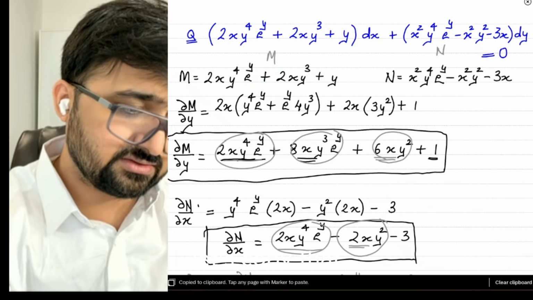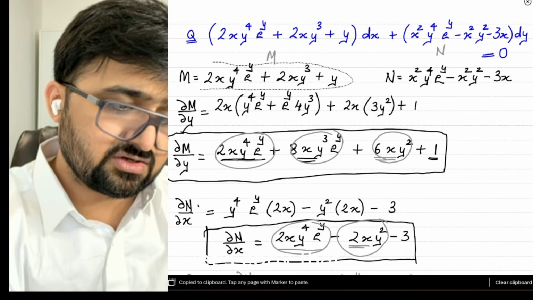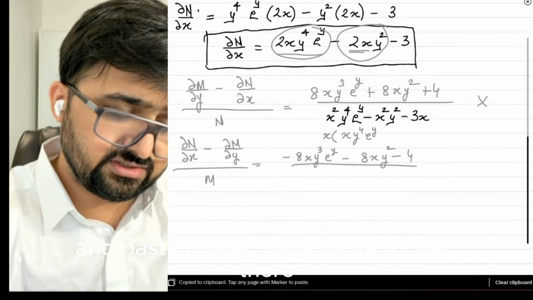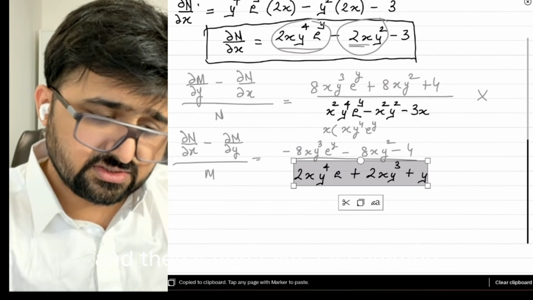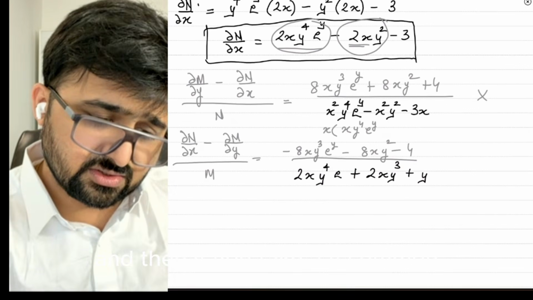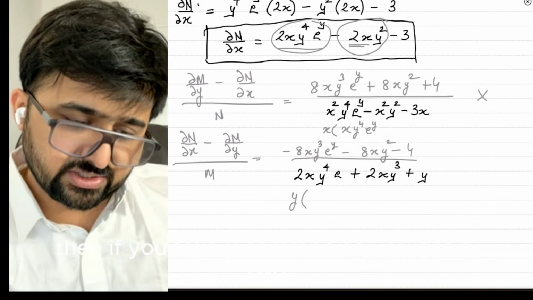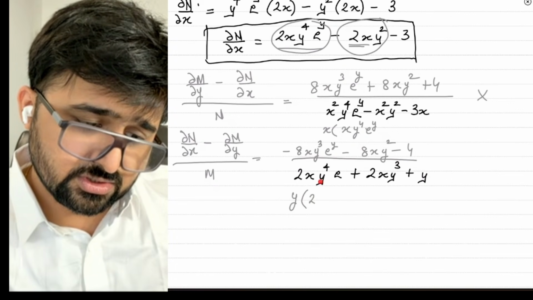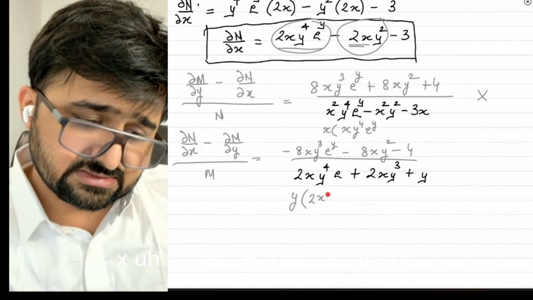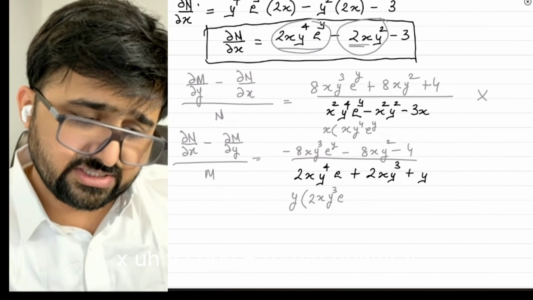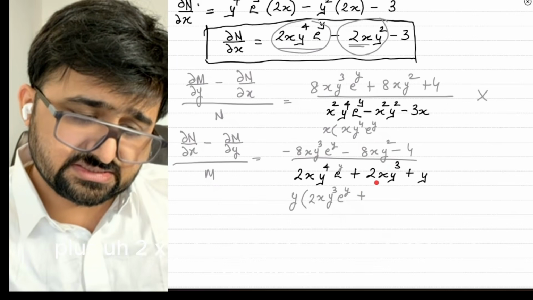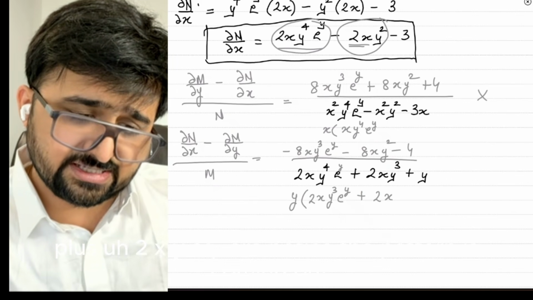Something magical is going to happen now. Let's copy that and paste it over there. And then if you take y common, you get 2xy cube e to the power y plus 2xy square.